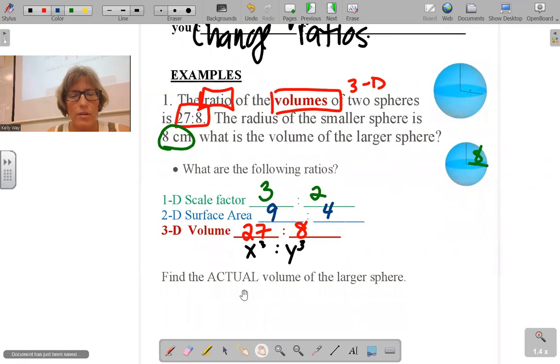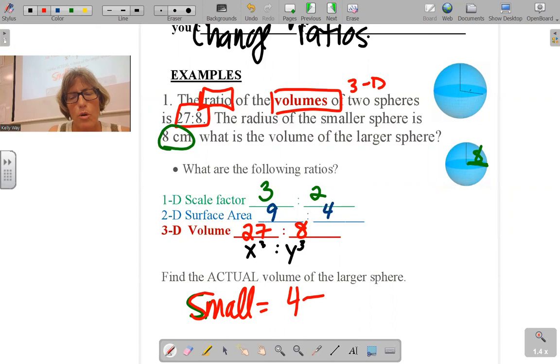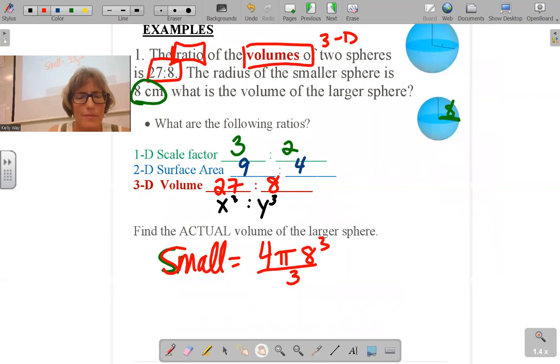What are we given here? We are given the radius of the smaller, so the smaller volume is 4 pi 8 cubed over 3. 8 cubed, you should know that one.